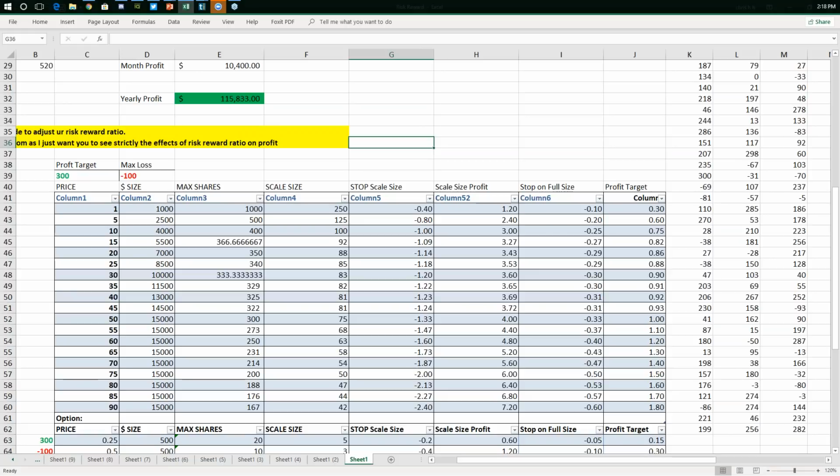One of the things that I always talk to the traders in my room, or just traders in general, if they ever have questions, is it's really important when you are trading to have a scale size. The whole reason why it's so important is if you take full size out the gate, and let's say your risk reward ratio is 3-to-1, you see the flag break, you take it long full size, and let's say it's a $10 stock.